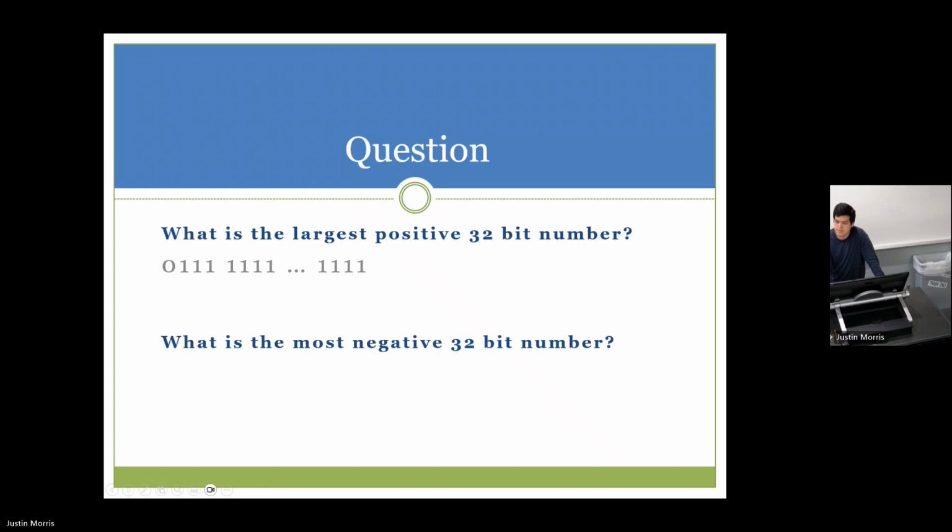Most negative? Someone else. 1 0 0 0 0 0 0 0. Yes. What's the power of 2? -2 to the 31, yes, negative.